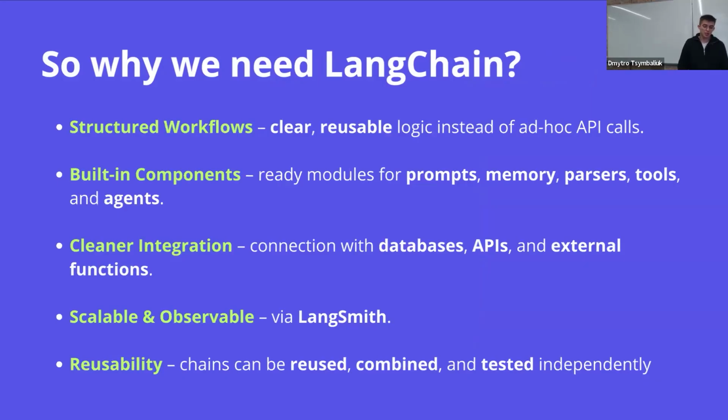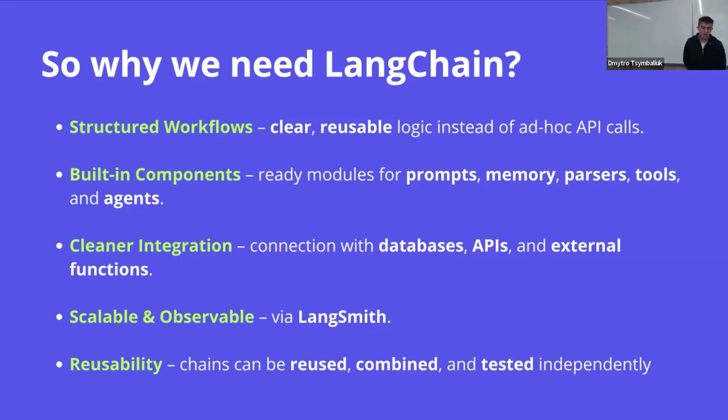So what LangChain provides for us: structured workflows, so it's clear, reusable logic instead of direct API calls. Built-in components: it already has modules for prompts, memory, parsers, tools, and agents. Cleaner integration: it has a lot of integrations with different services, different databases, really a lot.